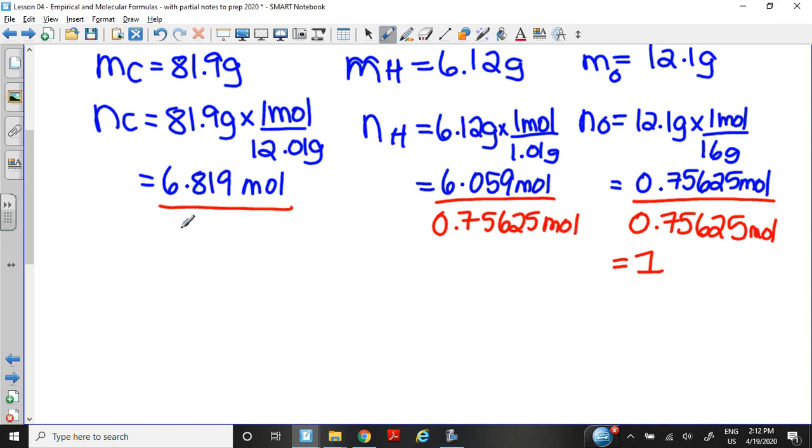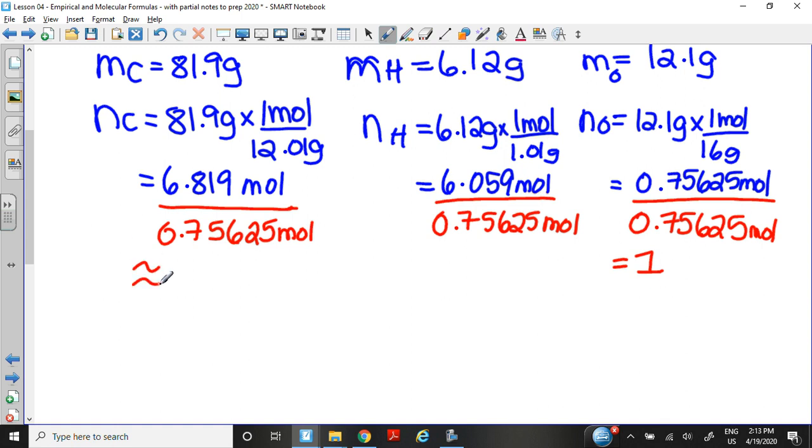And then I'm going to do the same over here. We're not changing the ratio here, we're just trying to get them into whole numbers. So if we do something to one number, if we do the same thing to all of the other numbers, it doesn't change anything that's going on. So when you plug this in your calculator, and you might want to pause and try it just so you can see what happens when you do this for carbon and hydrogen.